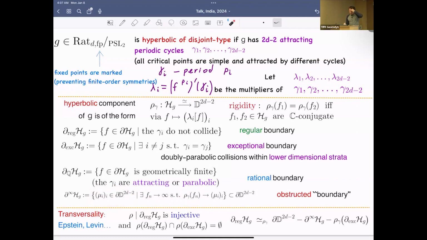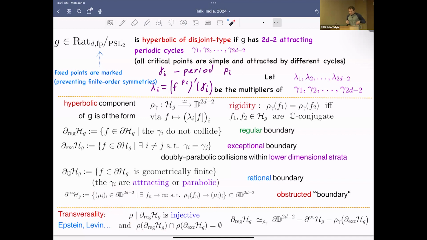As I said, the parametrization of the hyperbolic component by multipliers is easy to justify, but the parametrization on the boundary becomes trickier. Still there are tools, called transversality, initially introduced by Adam Epstein and then by Levin.